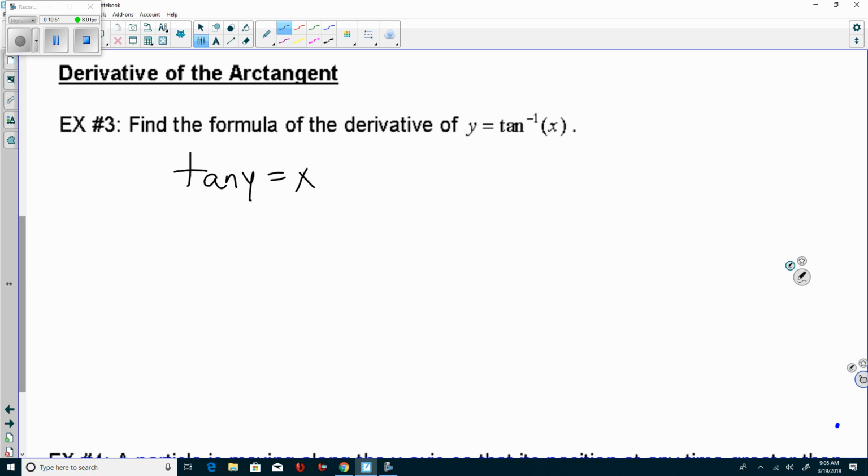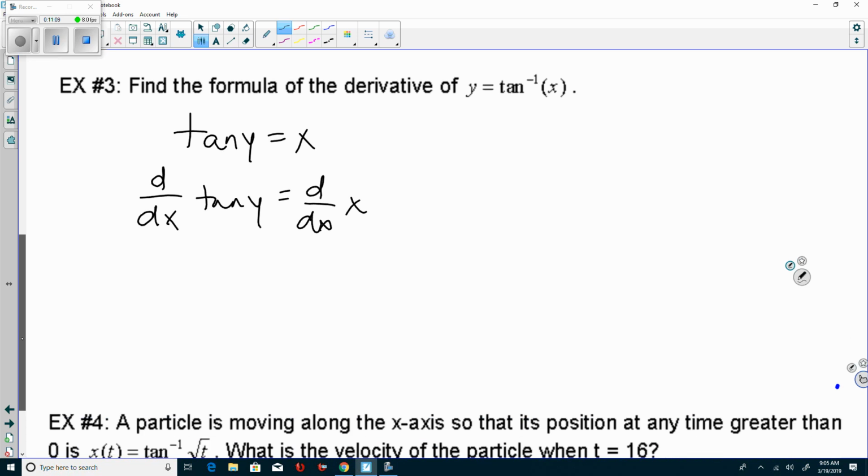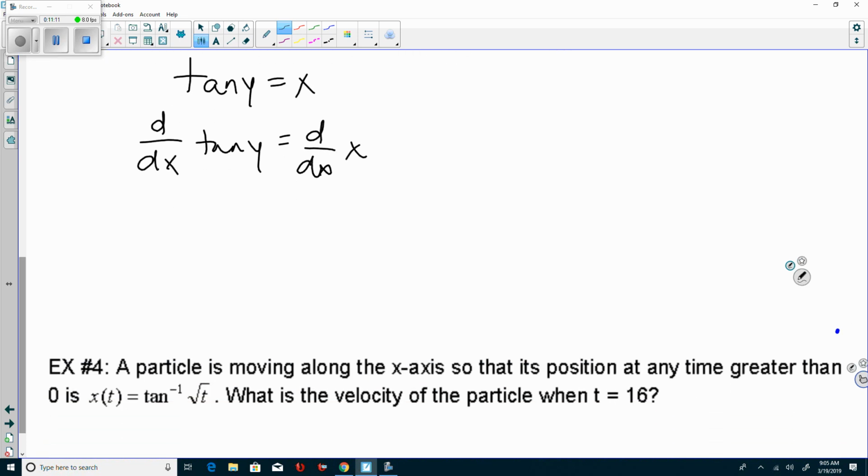So you're going to take the derivative of tan y, and you are also going to take the derivative of the x. So what's the derivative of tan? Secant squared y.